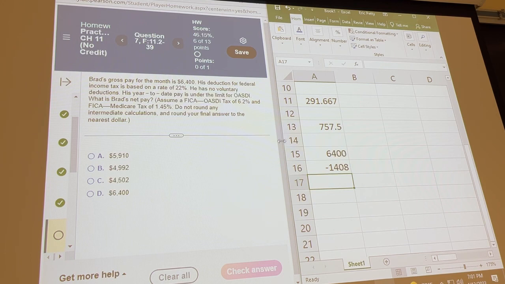Okay, then for his FICA, we can combine the rates for the two types of FICA. So his $6,400 times 7.65%, which is the rate for the two parts of FICA combined.